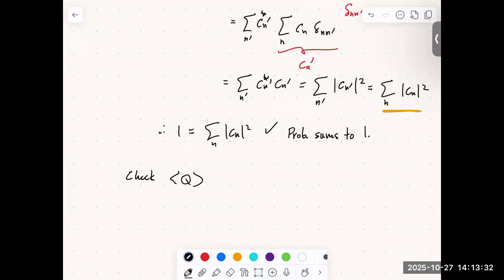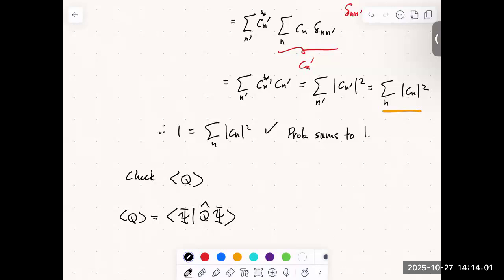We build up this distribution of measurements, and we want to know what is the average value. That's the expectation value. And the way, as you know, that we calculate these expectation values is we operate on our state with Q hat, the operator, and then form the inner product with that state.